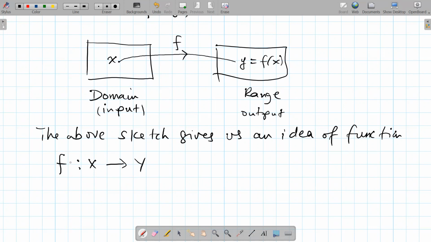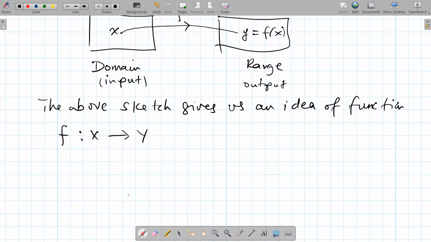So there's a process, which is this F, which is a function that takes this X and maps it toward this Y. And again, note that this X is nothing more than the input or the domain.